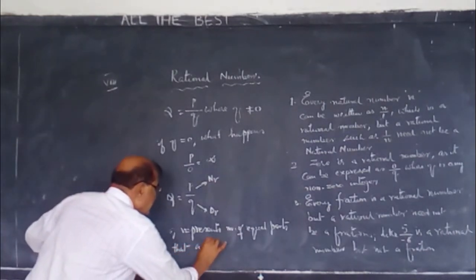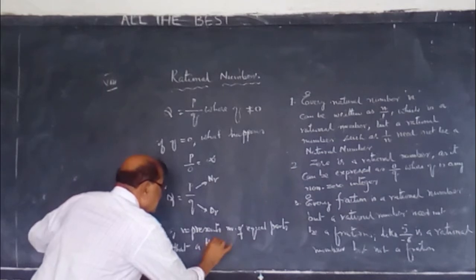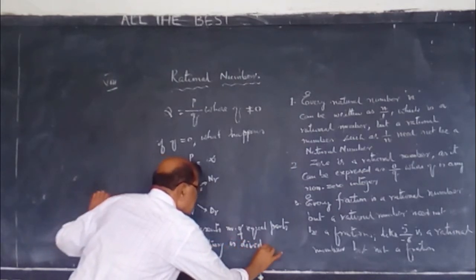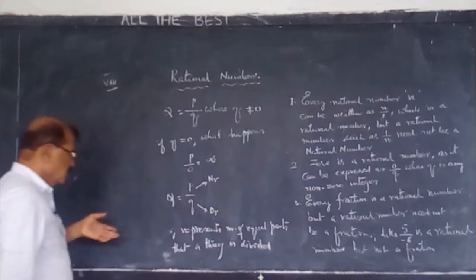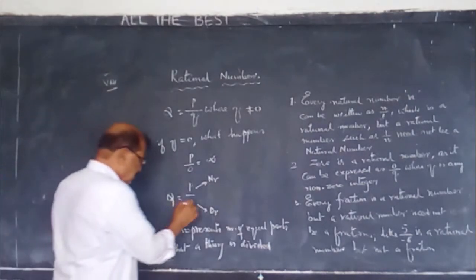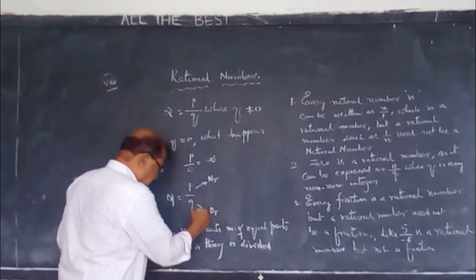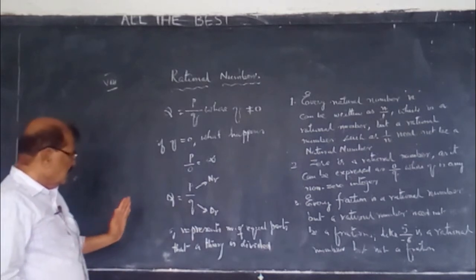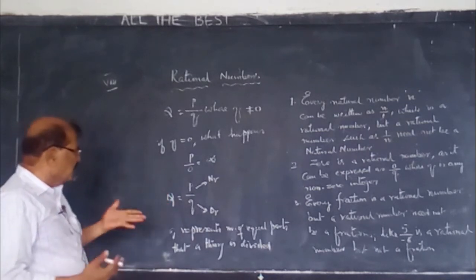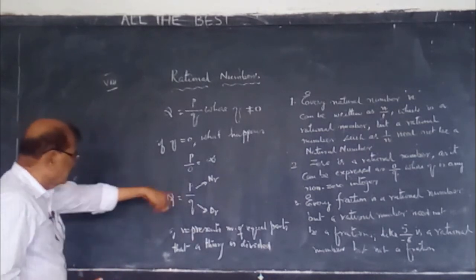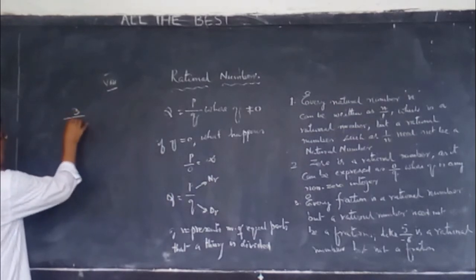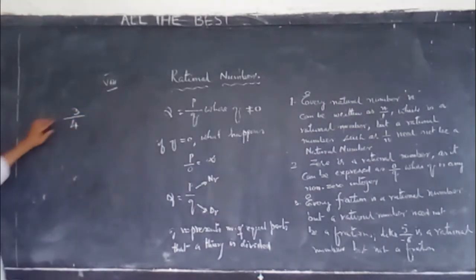that is divided. So this you should remember clearly, because whenever you observe any fraction, you should recollect this. For example, 3 by 4. What is the denominator? 4.